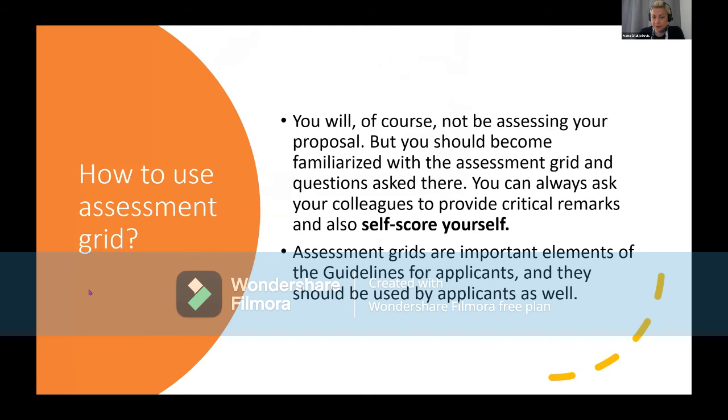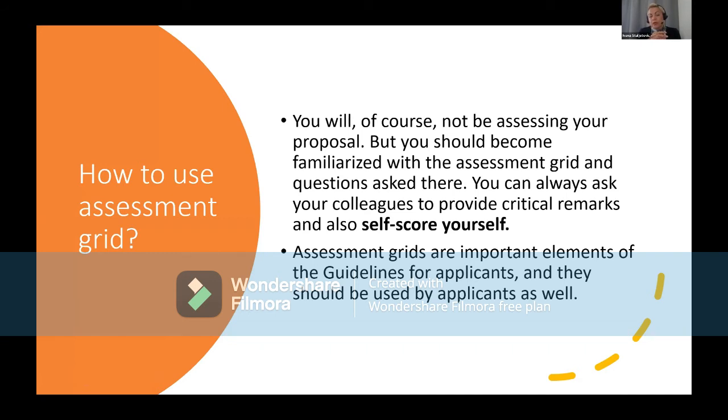You have the assessment grid, so you can self-score, or basically it would be better to ask your colleagues, friends or maybe some family members to provide critical remarks on the basis of the questions available in the assessment grid.